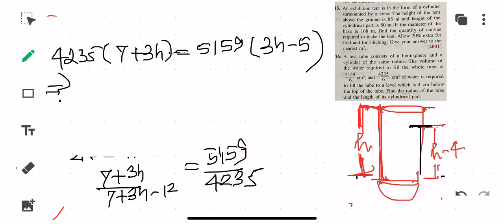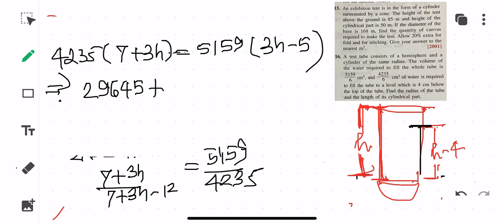So just calculate this, children. So this implies what you will be writing. The values that are there, children, we'll be just using calculators fast. So this is coming out to be equal to, write down, 4235 into 7, which is equal to 29645. You can always go for reduction, children, if it is possible.